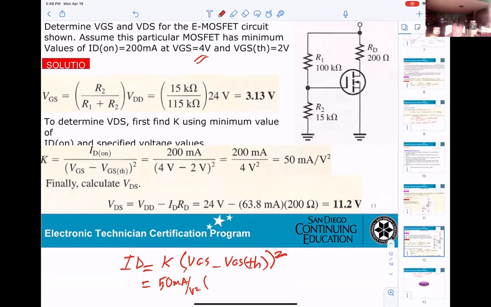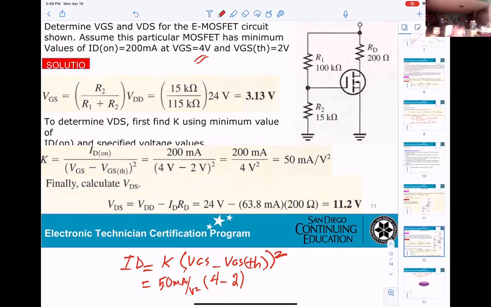Now, that's supposed to be at VGS equal 4, right? That 4 is the data sheet number, but the actual bias point in this example is 3.13 volts, not 4 volts.